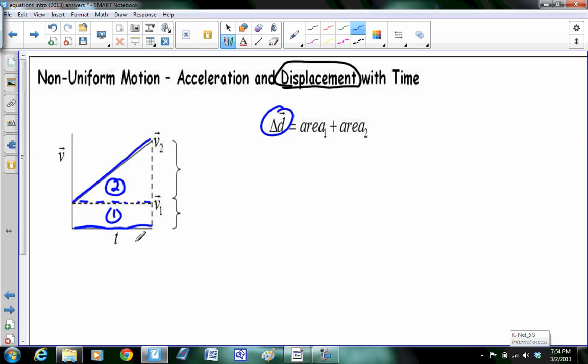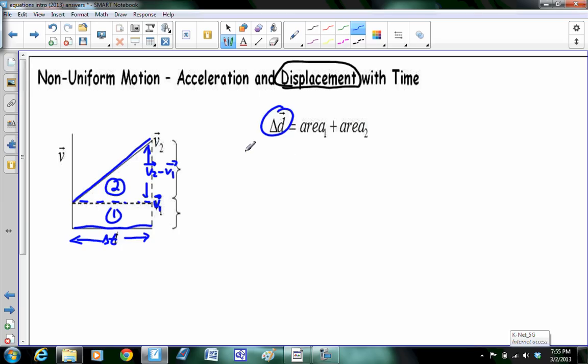The things we have to keep in mind: this section over here is going to be the change in time. This section here is going to be V1. And this distance here is not going to be V2, but actually it's going to be the difference between V2 and V1. So just remember that when we're doing this.